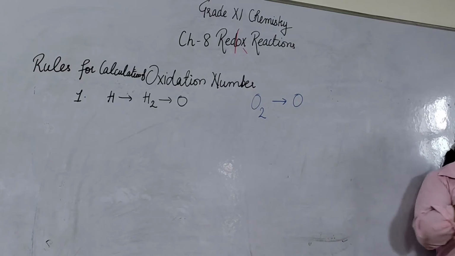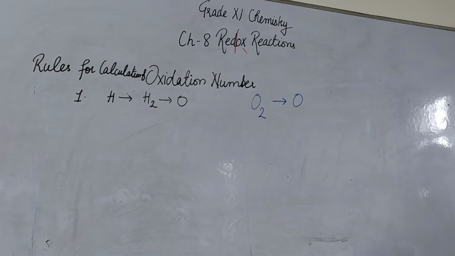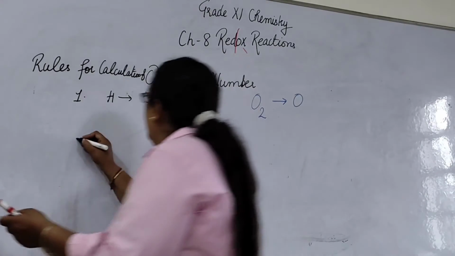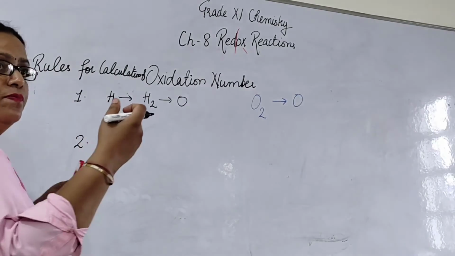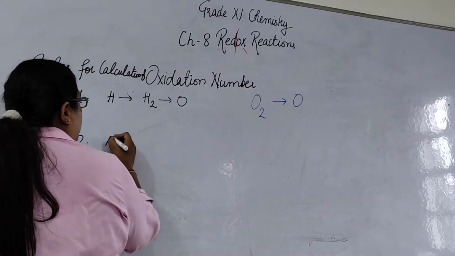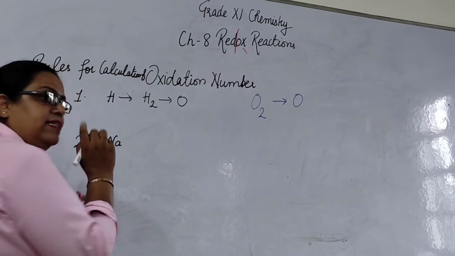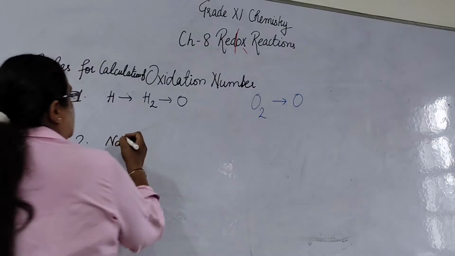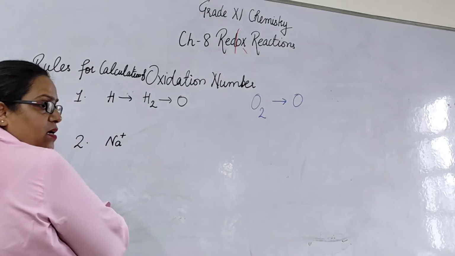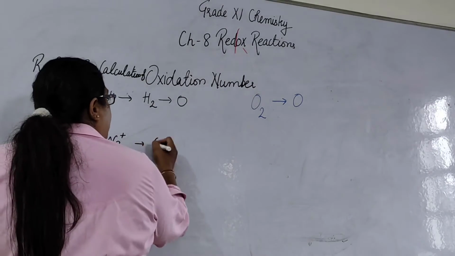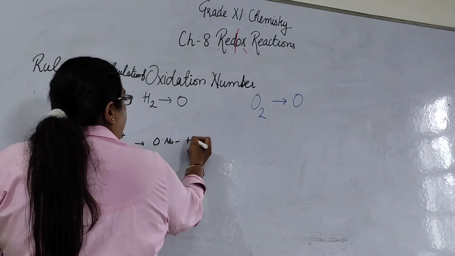Okay? Second rule. The oxidation number of a monoatomic ion is the same as the charge on it. Monoatomic means a single atom. Suppose I am taking sodium. It is a single atom, its charge is +1, so its oxidation number is also +1.